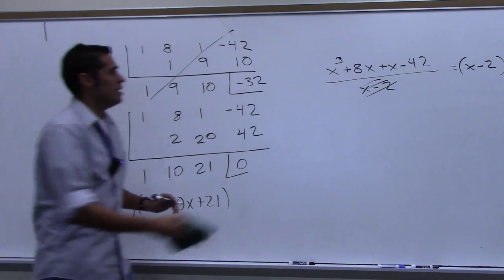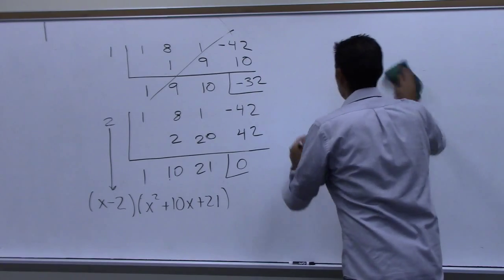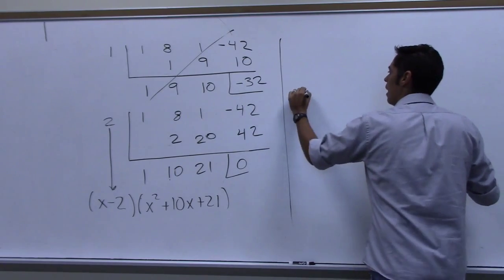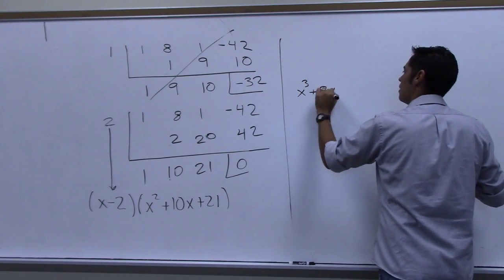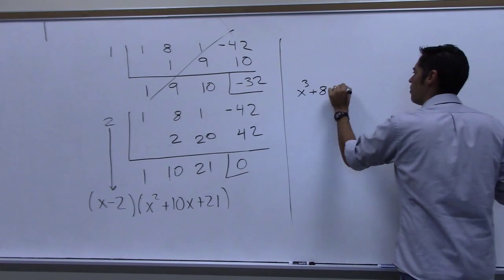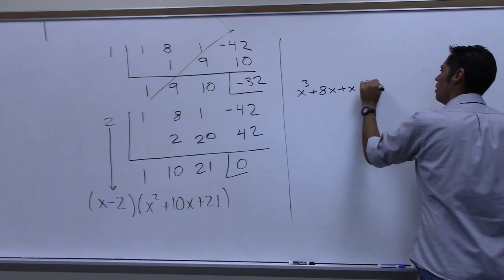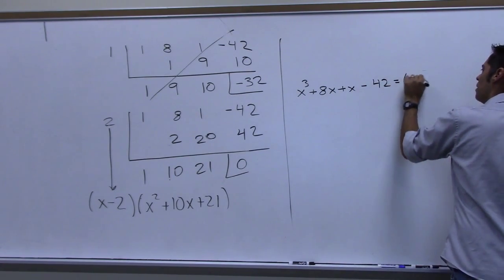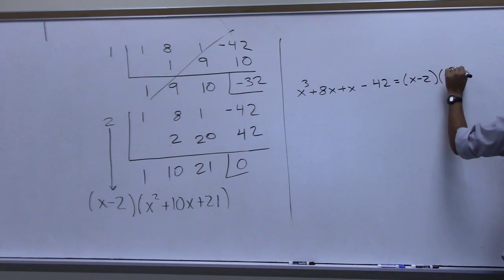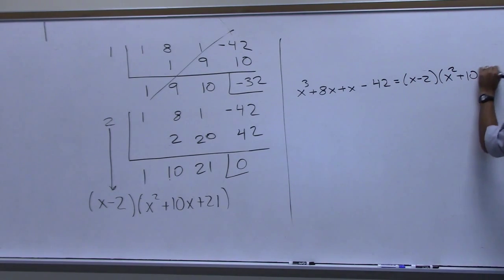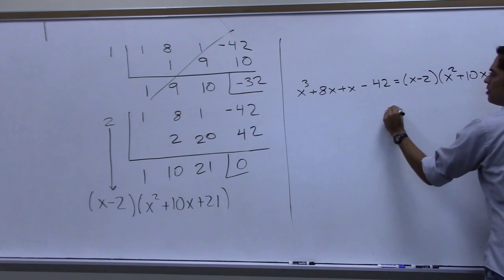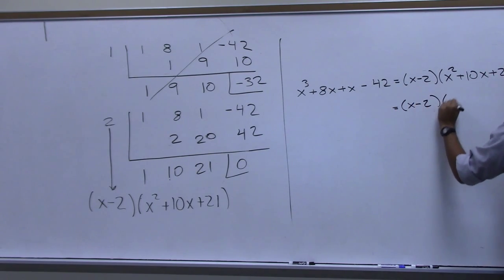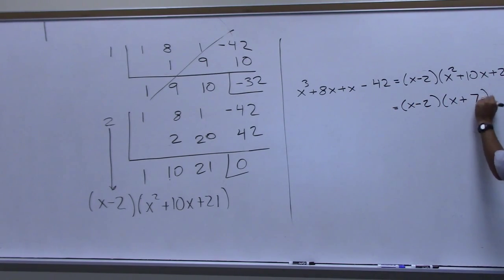Sure? So here's where I am. I know that the original polynomial, x cubed plus 8x squared plus x minus 42, is equal to x minus 2 times x squared plus 10x plus 21, which is equal to x minus 2 times x plus 7 times, wait a minute, x plus 3.